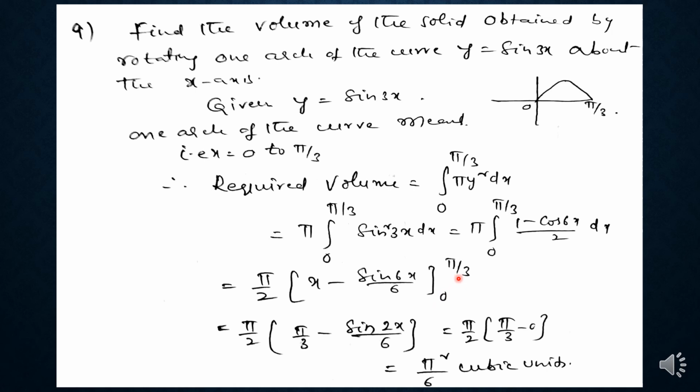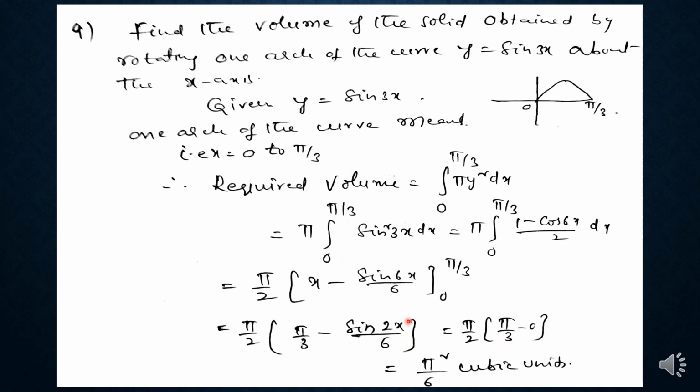Now substituting the upper limit x is equal to pi by 3, it is pi by 2 into pi by 3 minus sin 6 into pi by 3, that is sin 2 pi by 6. 6 into pi by 3 becomes 2 pi. So what is the value of sin 2 pi? That is 0. So pi by 2 into pi by 3 minus 0.